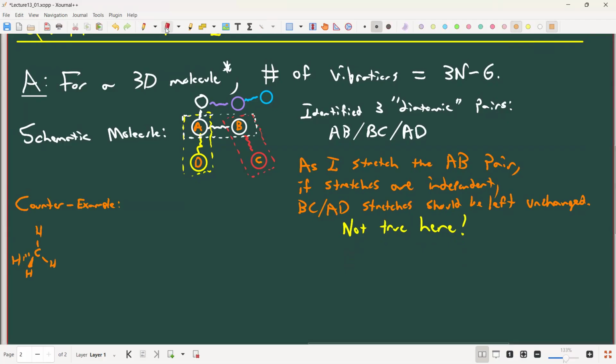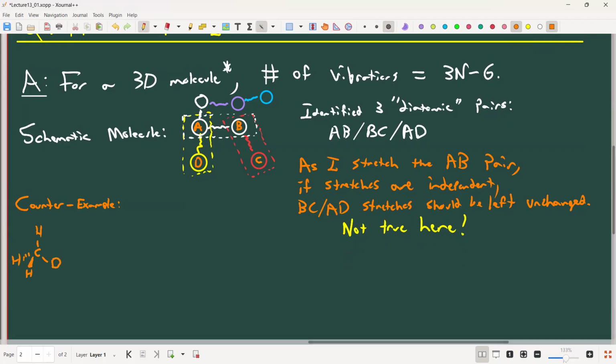I'm going to replace, sorry, I've got to replace one of these hydrogens with deuterium. Okay, so here's methane with a deuterium. And let's do the same idea as I have up here. I stretch the CD bond. I'm going to start pulling that D away from the carbon. And I want to ask the question, are the other hydrogens, their bonds with the carbon, left unchanged?